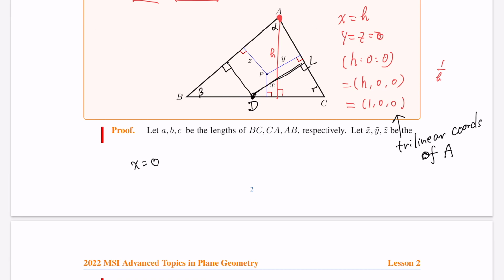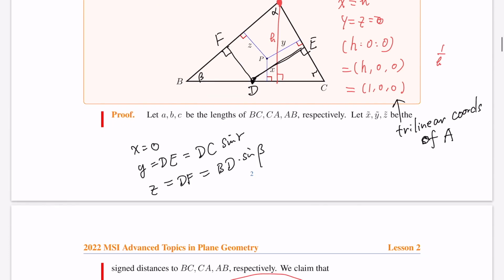So this is DE, DF. Then y is equal to DE, which is DC times sine gamma, and z is equal to DF, which is BD times sine beta. So the trilinear coordinates of D would be (0, DC sine gamma, BD sine beta).